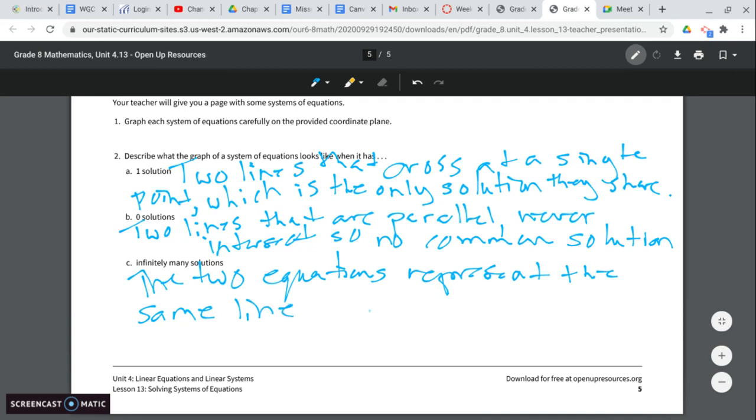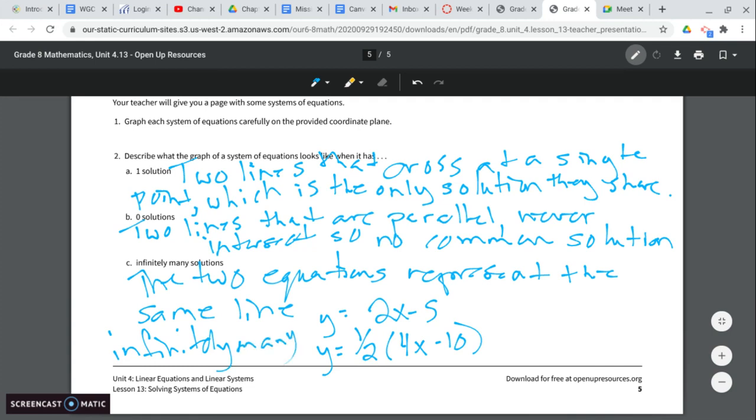So such as having 2x minus 5 and having 1/2 times 4x minus 10. These two equations would represent the exact same line. We just have to distribute on the second one, and then we'd have 2x minus 5, which means they'd be the same, so they'd have infinitely many solutions.